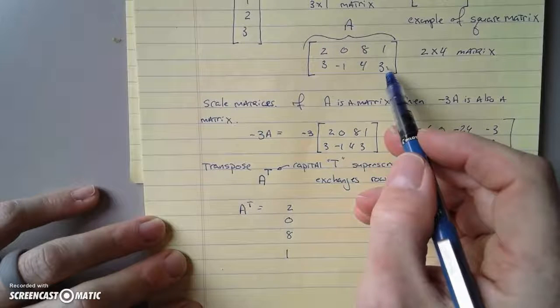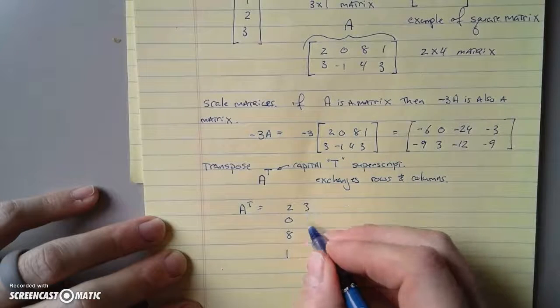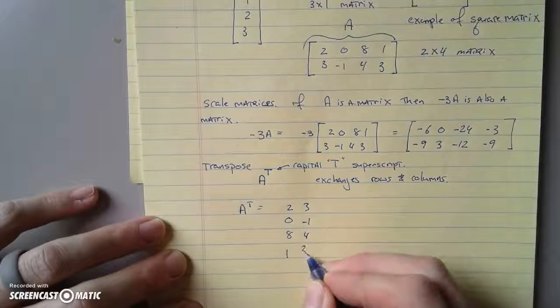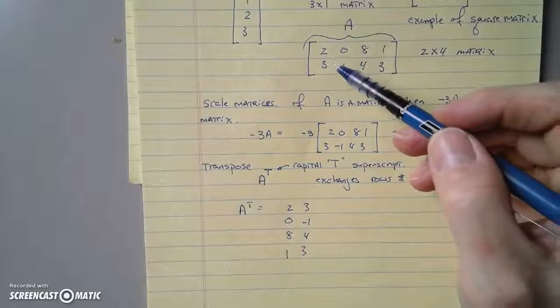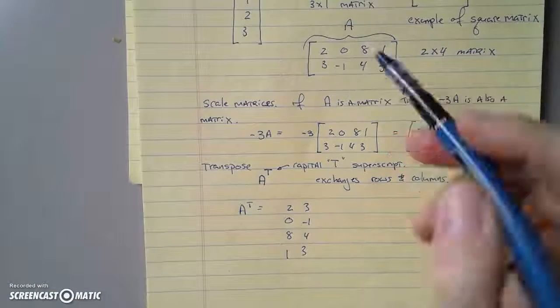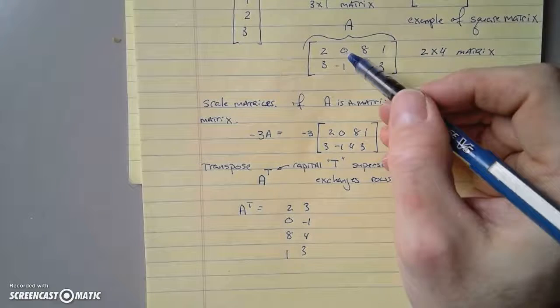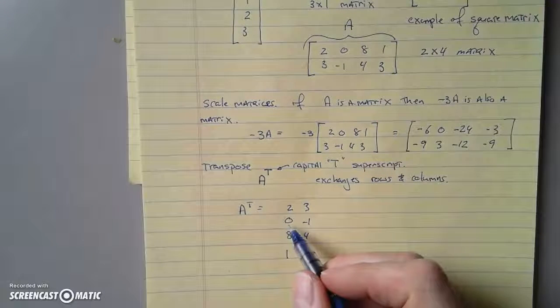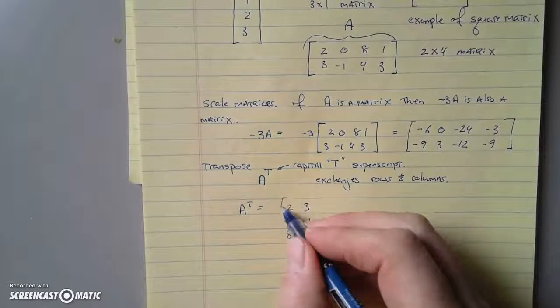The second row becomes the second column: 3, negative 1, 4, 3. And this is the same thing as saying the first column becomes the first row, the second column becomes the second row, and so forth.